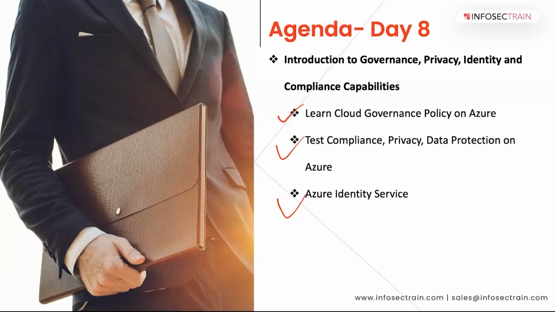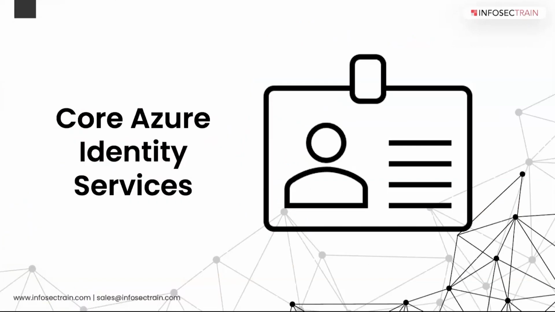First, today we will go ahead with identity, governance, privacy, and compliance. I would love to start from the identity perspective. I am pretty sure that you are familiar with Azure. There is a service called Azure Active Directory, which is for IAM purposes. Like in AWS, there was one section called IAM.